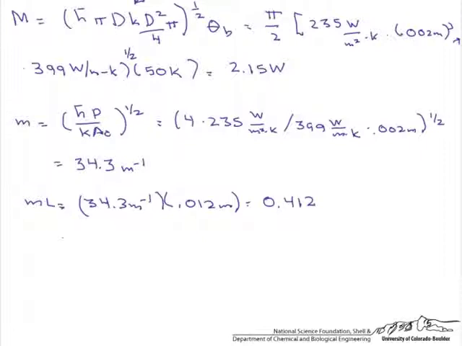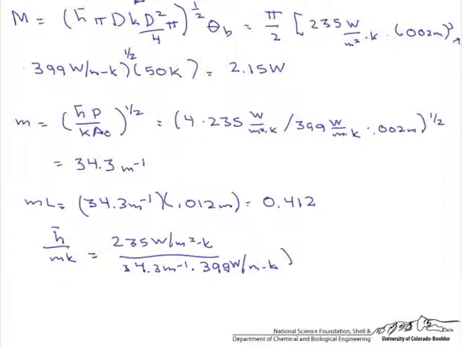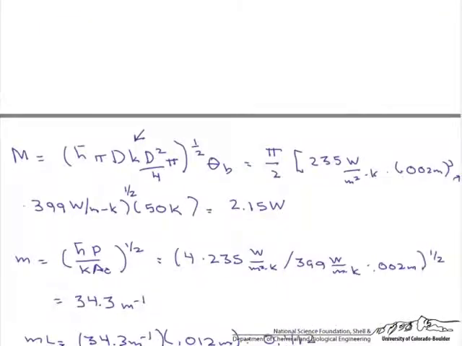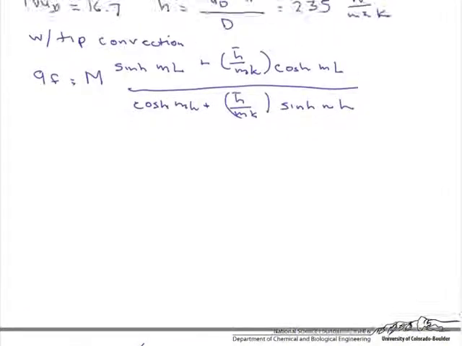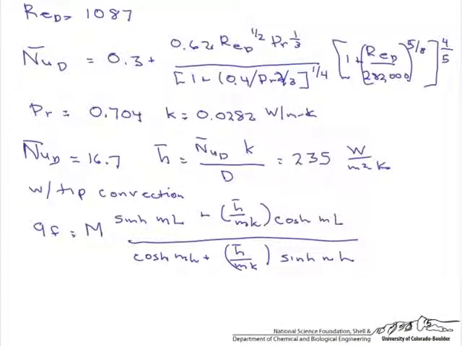And so our mL is 0.412. So H divided by mk is our 235 watts per meter squared K, divided now by that 34.3 inverse meters times 399 watts per meter K, and that equals 0.0172. So why do we need all this? Well, let's go back here to our original Q sub f, which is what we're looking for.